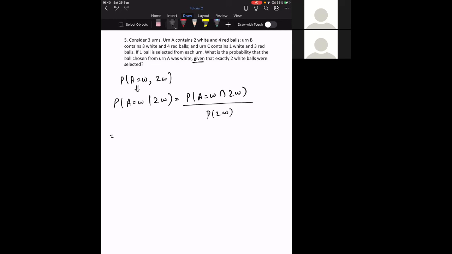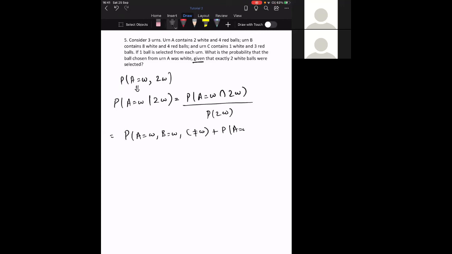Yeah, so we want the probability that A is white, the ball taken from urn A is white, with the intersection of both balls being white. So this can happen in 2 ways. A is white, B is white, and C is not white. We can add these, as these are mutually exclusive events.